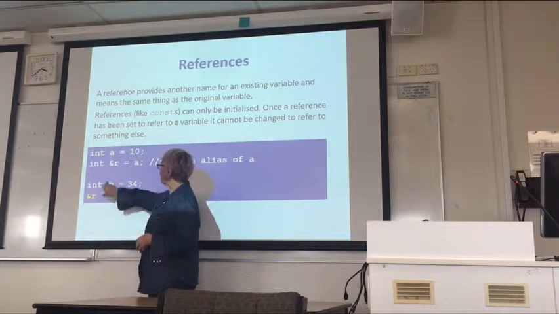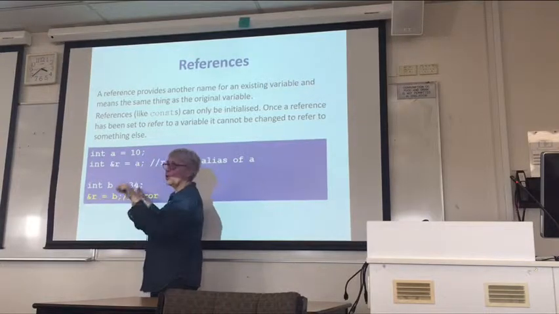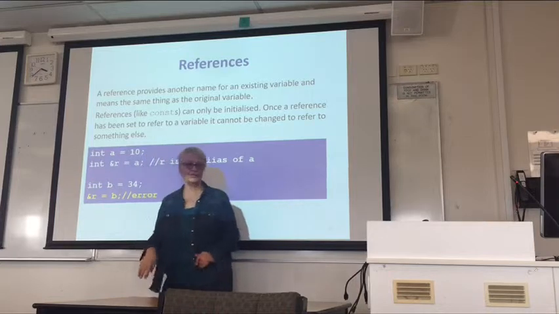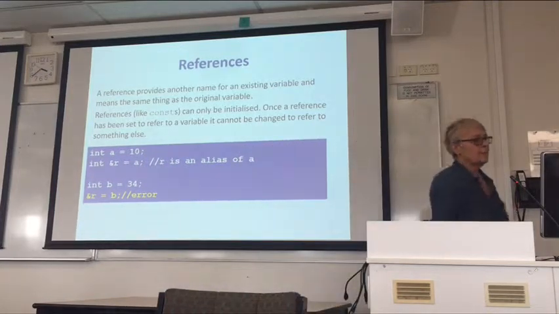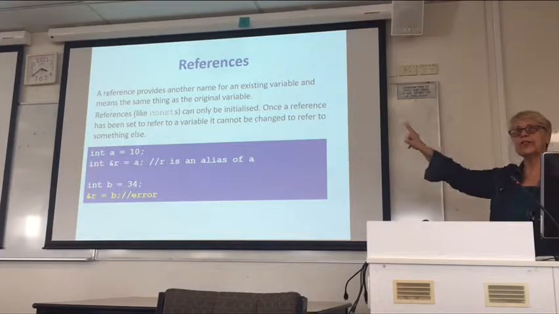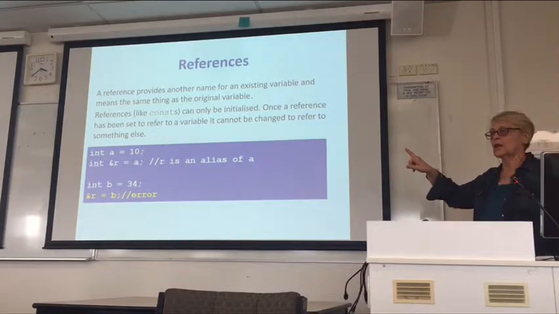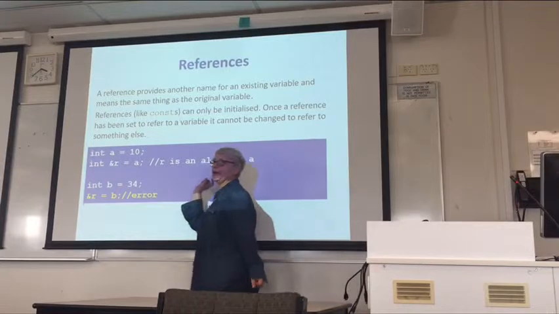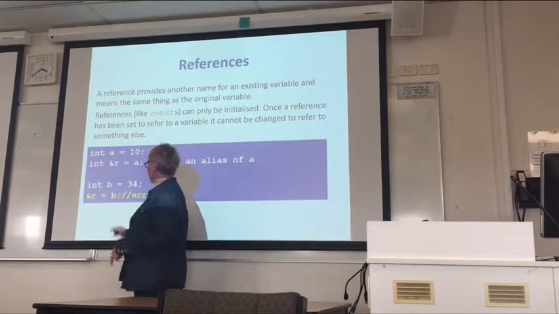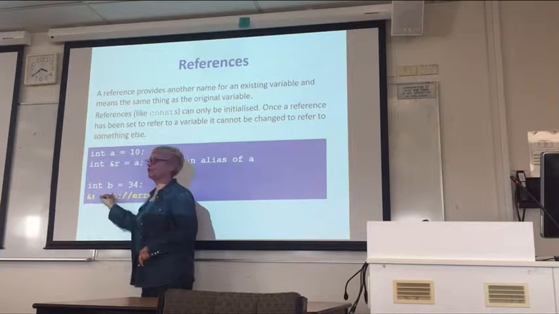So, assume that we have B, another normal simple variable, and we try to reset R. This is not allowed. And this is one of the differences between references and pointers. If you have P, a pointer, which takes the address of A, then you can change P to take the address of B.